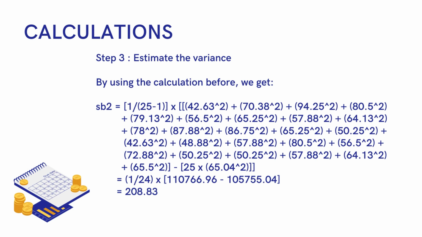We put in the formula of 1 over n minus 1, where small n is the number of clusters selected in the simple random sampling, times the summation of mean power of 2 minus n times estimated mean power of 2, and the final answer we got is 208.83.